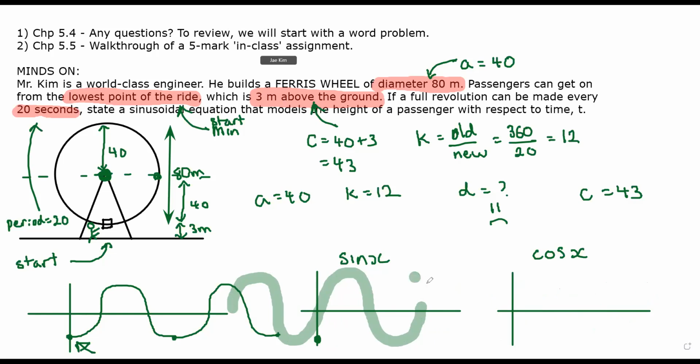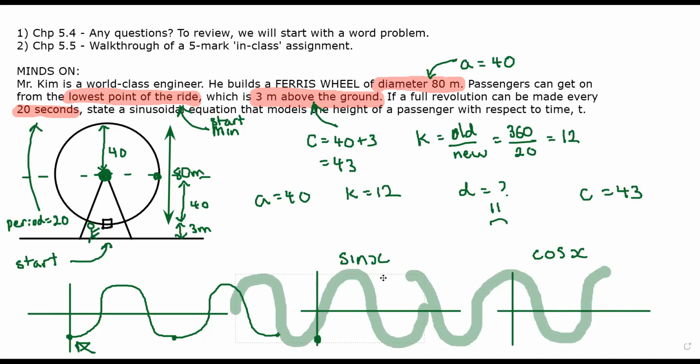Because remember, just like the sine, the cosine is continuous. So there's two different ways you can do it, which means there's more than one equation. Sorry, there's two ways using cosine and there's two ways using sine. In other words, I already gave you four different potential equations.